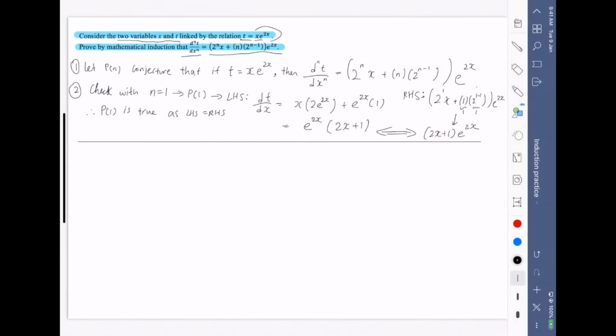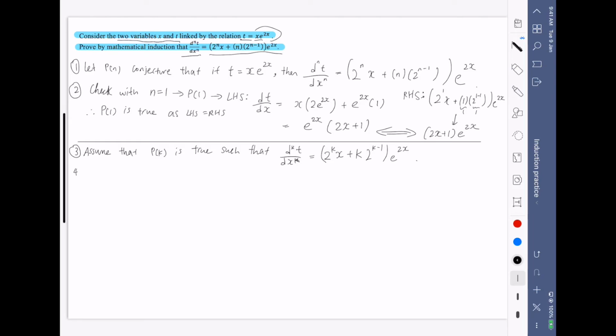Okay. Now, let's go to step 3. Now here, we assume that Pk is true such that d^k t over dx^k is equal to (2^k x plus k times 2^(k-1)) bracket e to the power of 2x.